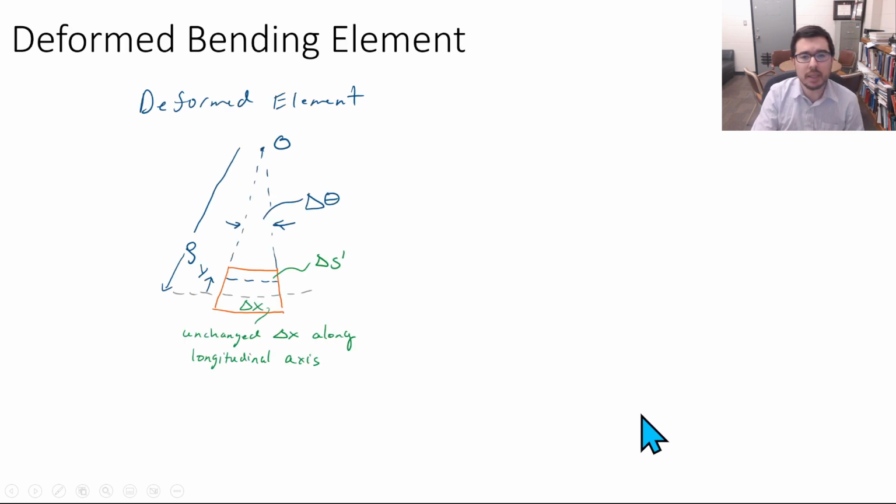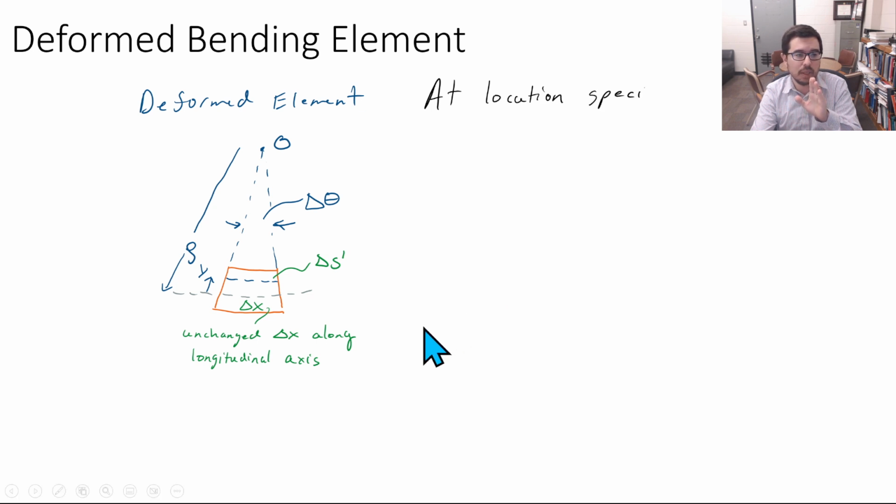Here is the same picture that we just had. Delta s prime is that distance. This is the unchanged longitudinal axis, delta x along the longitudinal axis. We can begin to think about what is happening. How is delta s prime changing at some distance y from the longitudinal axis?